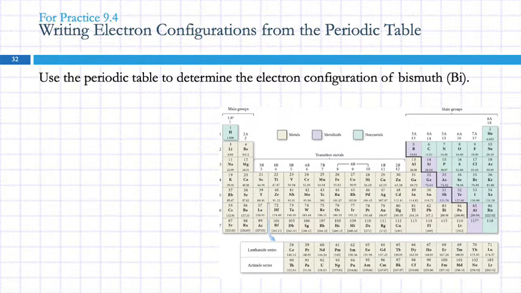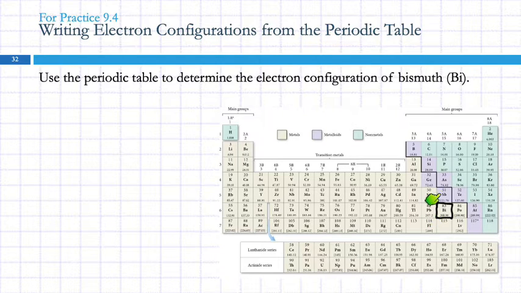Use the periodic table to determine the electron configuration of bismuth. Well, first order of business is find bismuth. Where'd you go? Oh, there you are. So bismuth is right here. Let's do the noble gas one because it's easier.